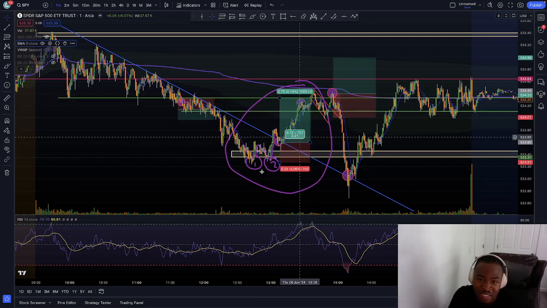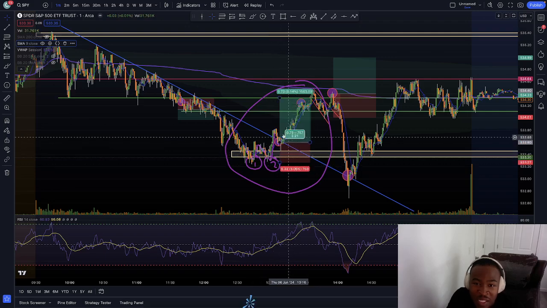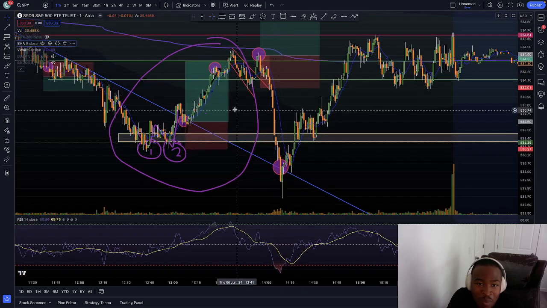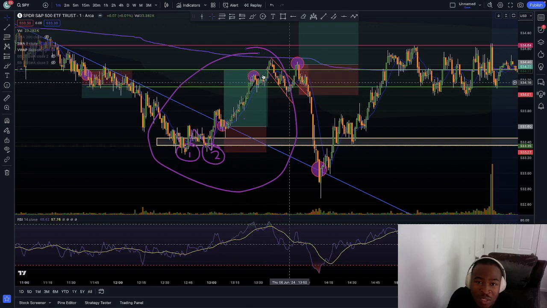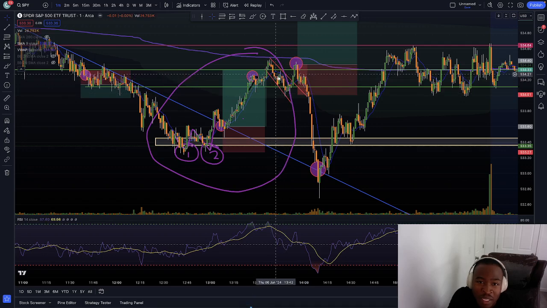I'm just using it as a guideline, right? So you could have said another confluence is here. Let me zoom in more so you can see. We see that price is staying above the 9 SMA until it crossed. So the crossing of this SMA could be an indication to get out of a trade or to get in.